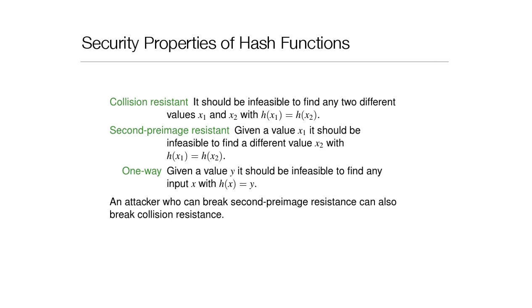But in the second pre-image resistance, the task is that you are given a value x1. You can't find two values by your own satisfying the condition, you are given a value x1. It is a little bit hard. It's like, let's say, this is not a very matching example, but anyway, I ask you to find any two flowers in white color.